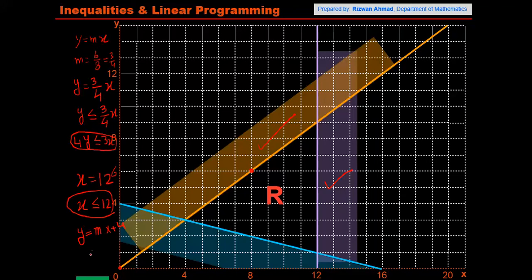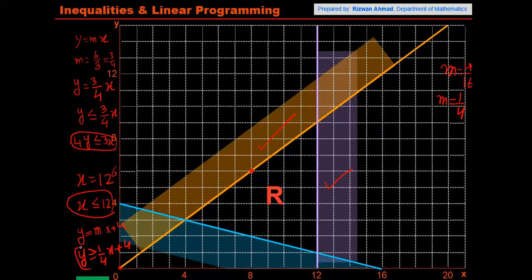So m is equal to negative 4 over 16, so it means m is equal to negative 1 over 4. So the equation will become y is equal to negative 1 over 4 x plus 4, and then for the inequality, the region R is above this line, so it means there will be greater than sign. So we'll put here that y is greater than or equal to negative 1 over 4 x plus 4.